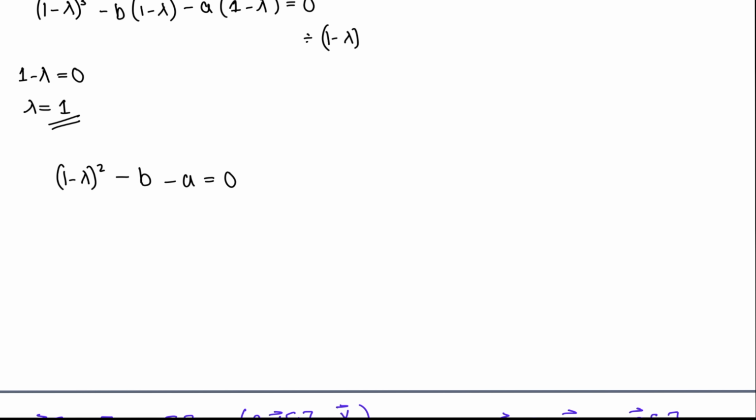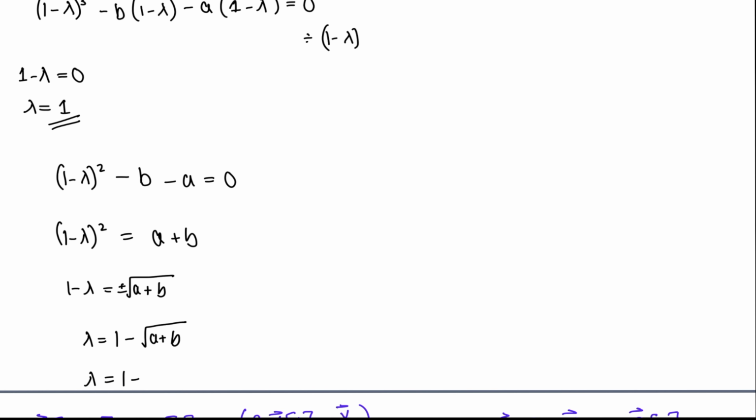So now I can say 1 minus lambda squared is equal to A plus B, and then 1 minus lambda is equal to plus or minus the square root of A plus B. So lambda is equal to 1 minus root A plus B, or lambda is equal to 1 plus root A plus B. So those are our 4 eigenvalues.